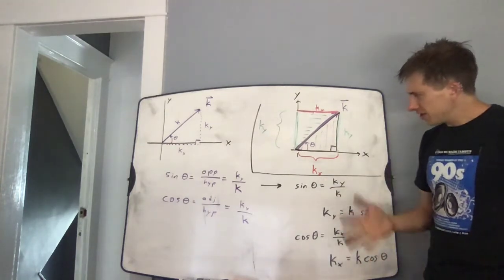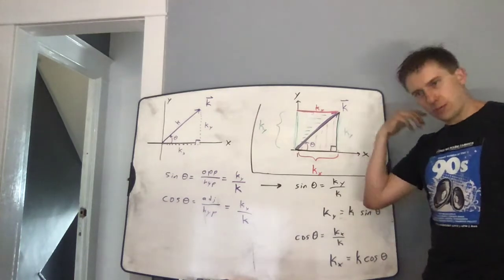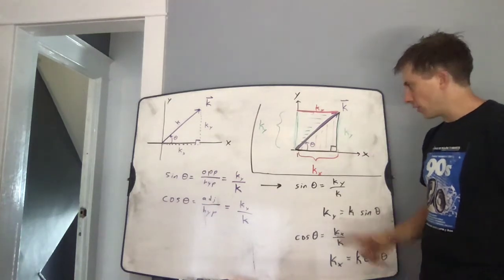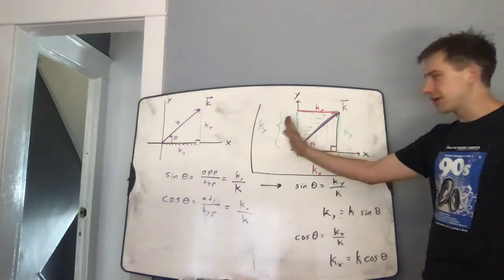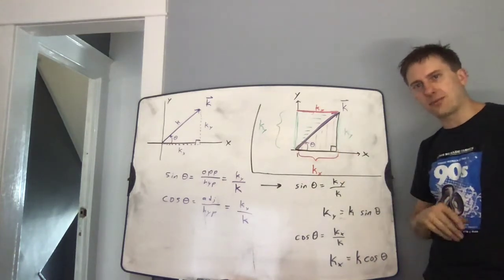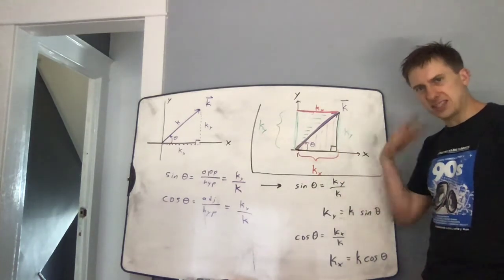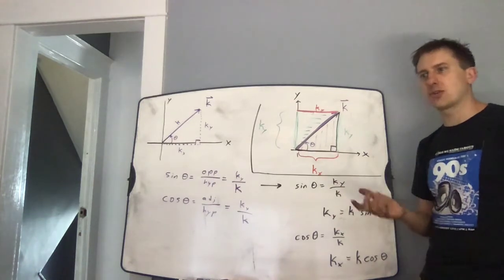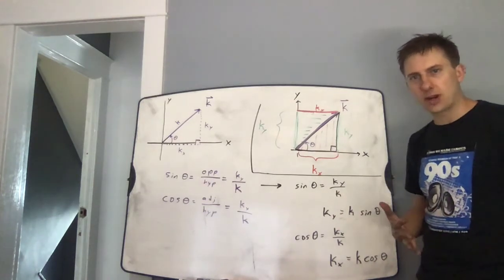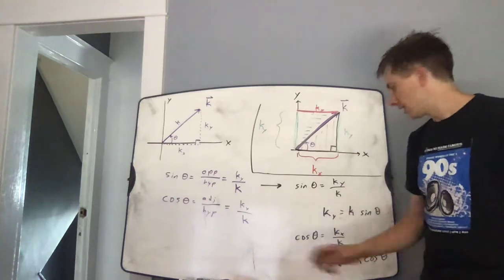Now, let's look at a scenario where our angle is measured coming from the y-axis instead of from the x-axis. And let's see how that changes things. In this scenario, in the second example problem, we're actually going to put numbers in.